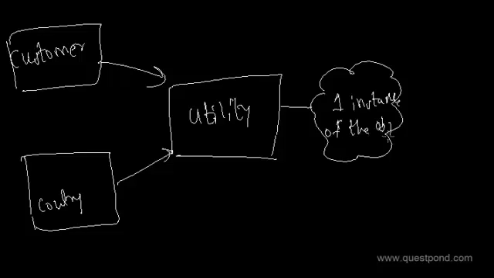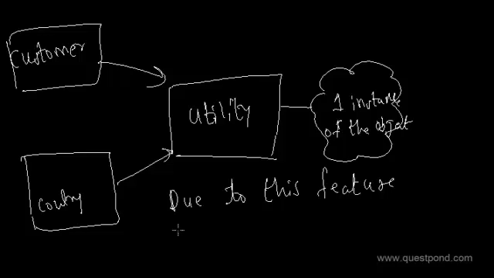Okay. Now, because of this single instance behavior of static classes, they are also used in scenarios when we want to share common data. For example, let's say you want to share configuration data in your Windows application. Let's say you have 50-60 forms, and every time those forms run, you would like to share some common data.